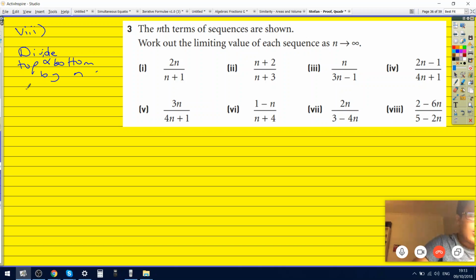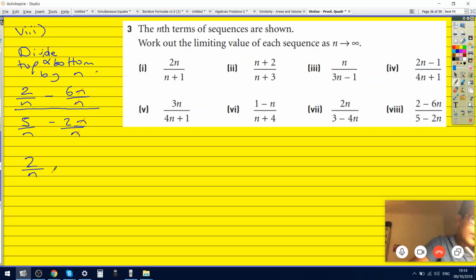So 2 over n minus 6n over n is the numerator, and the denominator would be 5 over n minus 2n over n, which equals 2 over n minus 6 over 5 over n minus 2.